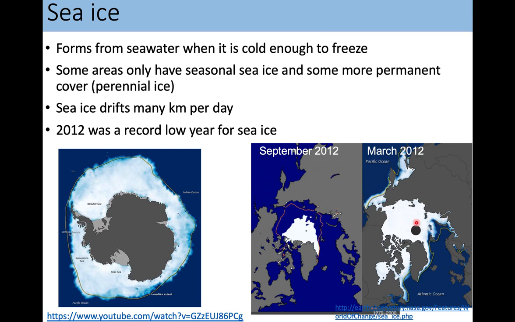So you can see how it changes seasonally. And then there's also perennial ice. So this ice here actually exists all year round. Both around Antarctica and in the North Pole, we have both the permanent ice and the seasonal ice.